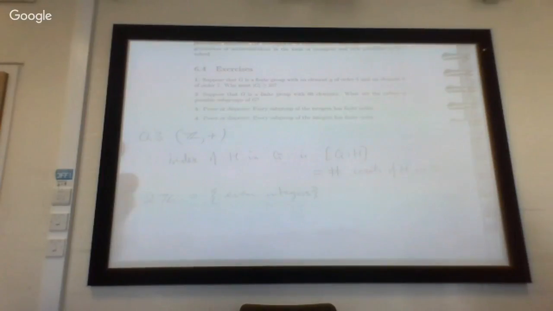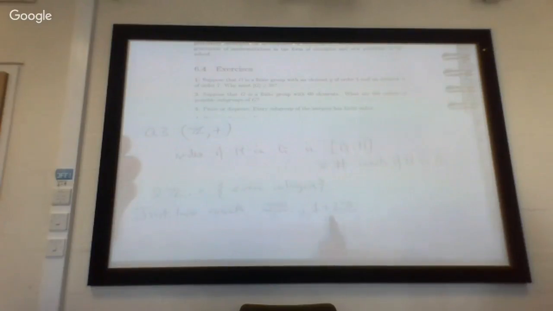But there are just 2 cosets here. Remember, in the additive group we use additive notation. 2Z refers to the subgroup, but the coset we're going to write additively, so 1 plus 2Z.